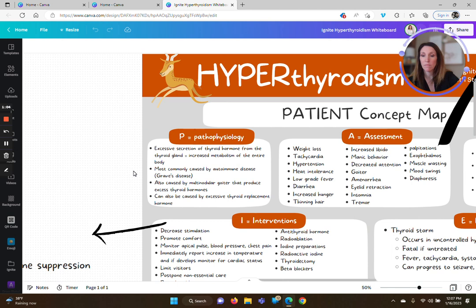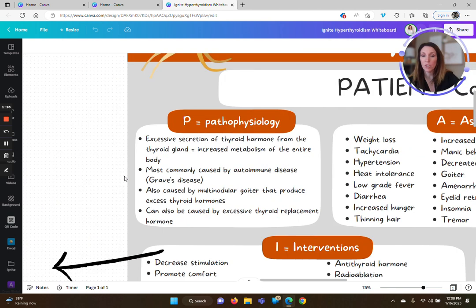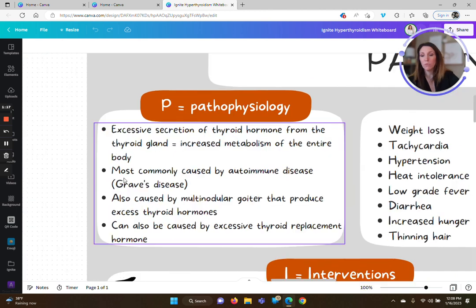So we'll start out in the typical place of patho here. This is an excessive secretion of the thyroid hormone from the thyroid gland, which results in an increased metabolism of the entire body, okay?